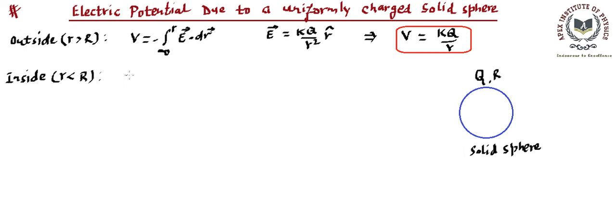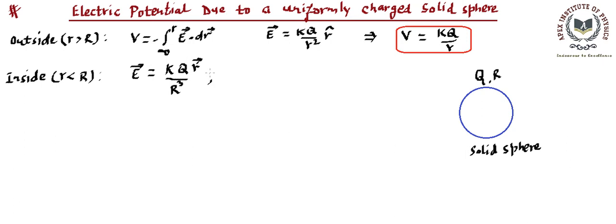And in this inside part, the field has the formula E is equal to KQ small r divided by R cube, and if we merge r cap with r, that becomes the r vector. This is the field which is different from the field outside. Hence we will get a different expression for the potential inside.